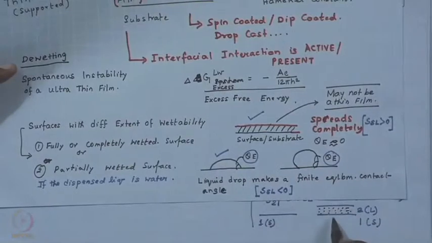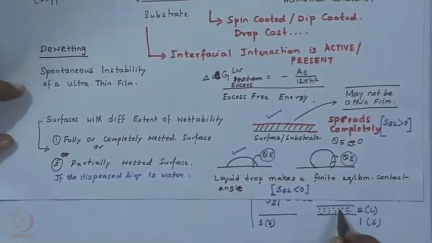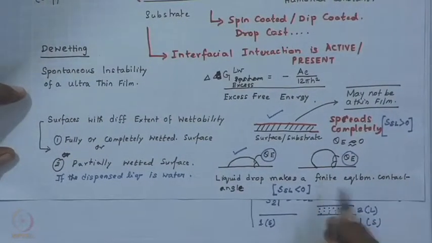So the transition from a continuous film down to a partially wetted drop with a finite equilibrium contact angle, depending on the sign of the spreading coefficient and the value of the equilibrium contact angle, is nothing but the physics of dewetting, which we will talk about.